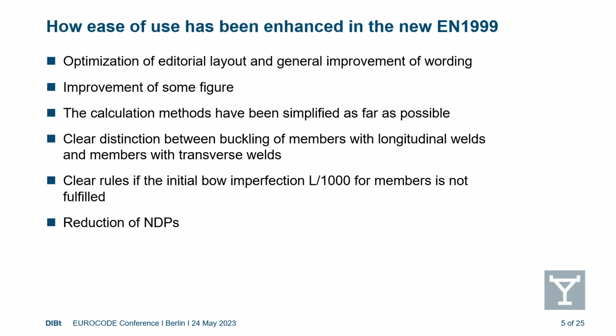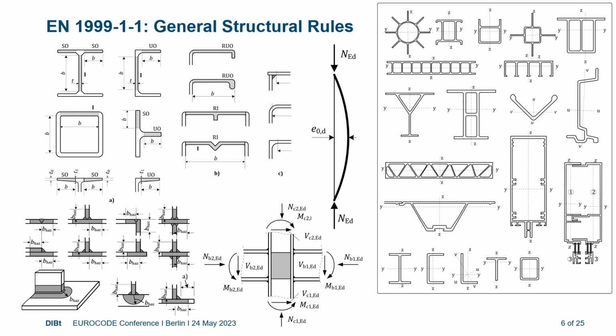There was some specific distinction between buckling of members depending on the type of weldings, and also the effect of initial bow imperfection on buckling. This is for aluminium. This aspect is important because of extrusion of aluminium, which is susceptible to give an initial bow imperfection higher than commonly accepted, for example, for steel elements.